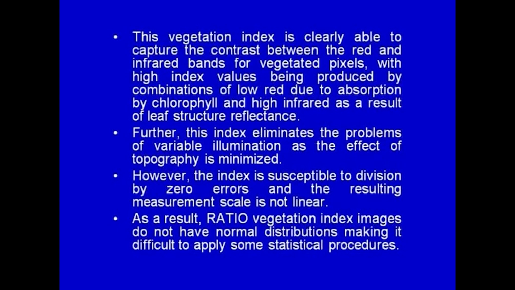However, this index is susceptible to division by zero errors and the resulting measurement scale is not linear. As a result, ratio vegetation index images do not have normal distributions, making it difficult to apply for some statistical procedures.